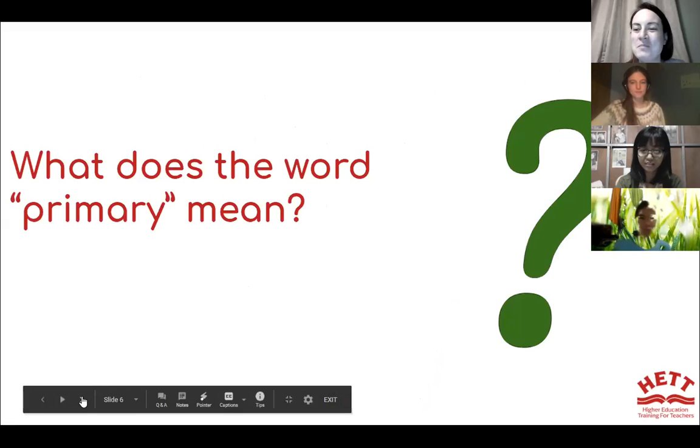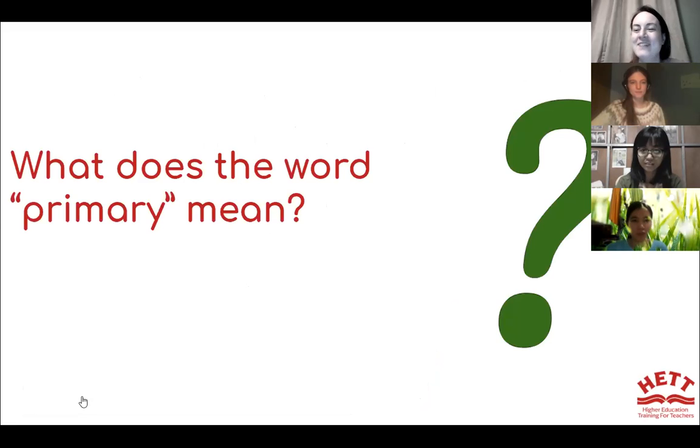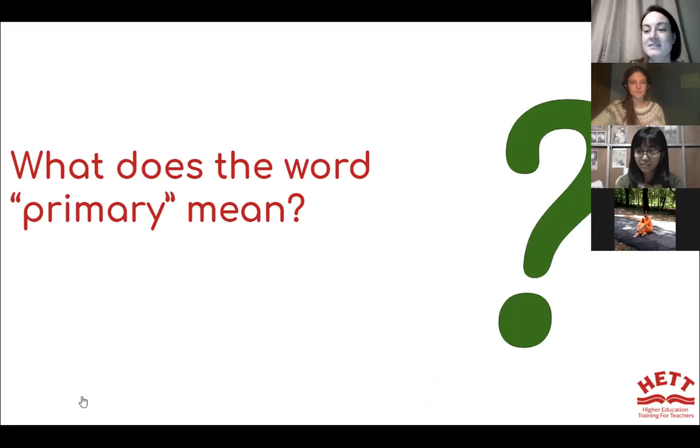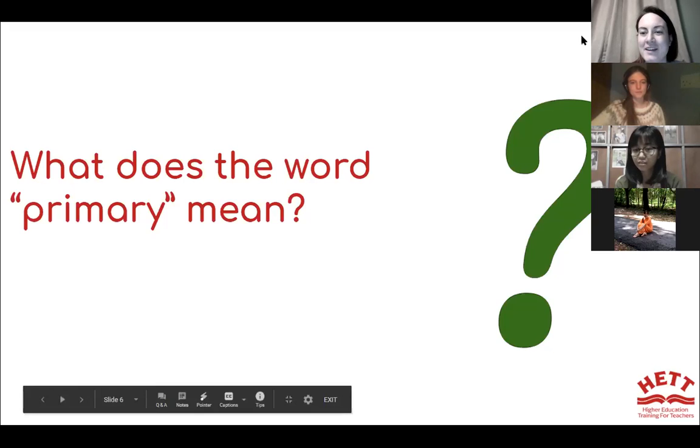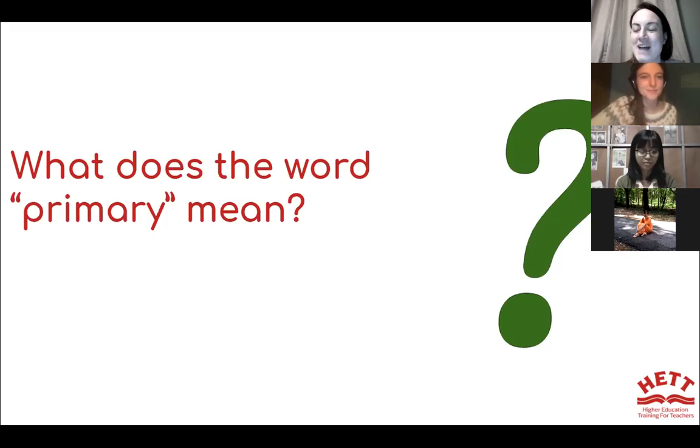So what does the word primary mean? You can either tell me or type in the chat box. It means original sources, original. Yes, definitely. It means like original, first, that type of thing. Original document. Yeah, definitely.